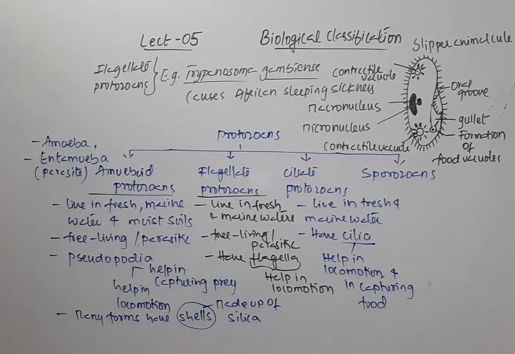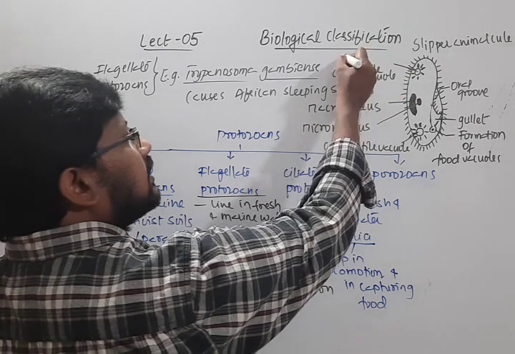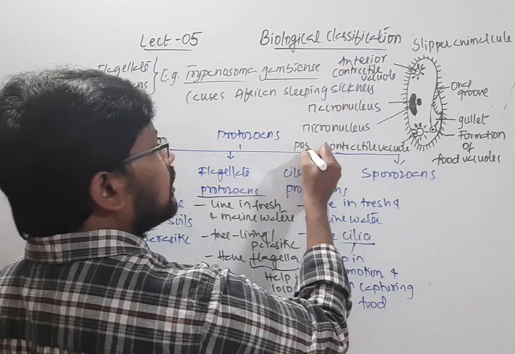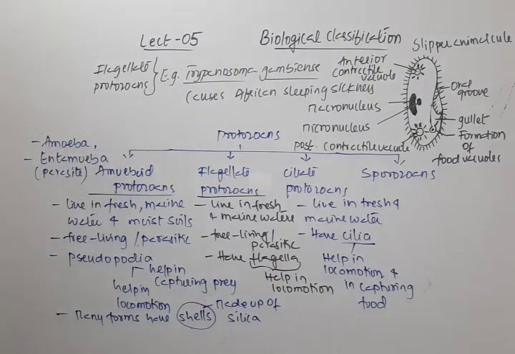Those contractile vacuoles actually help in osmoregulation, that is maintenance of water balance. So I will take this as the anterior contractile vacuole, and this is the posterior contractile vacuole.